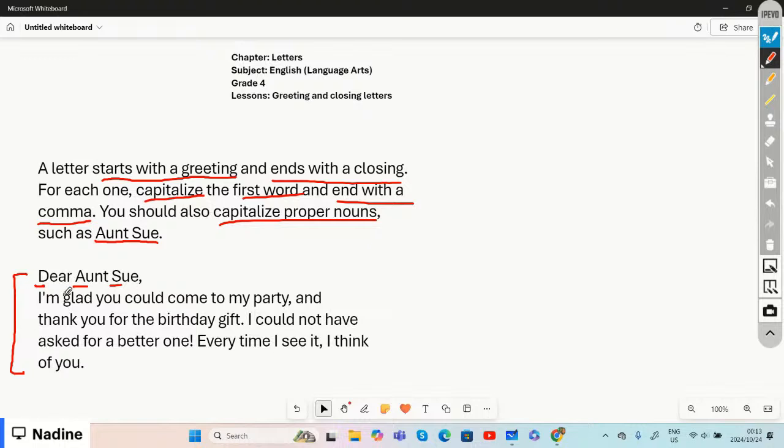All right, and then it says, I'm glad you could come to my party. And thank you for the birthday gift. I could not have asked for a better one. Every time I see it, I think of you.